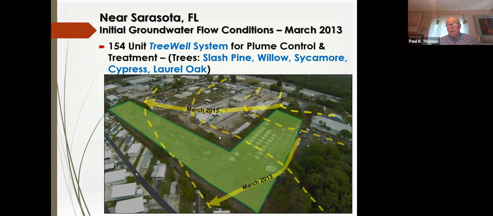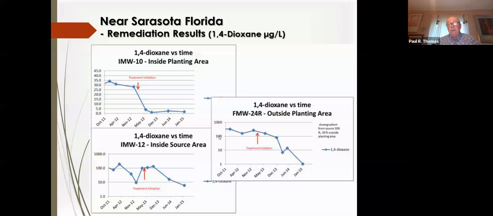What we found was that we had a pretty significant impact on groundwater flow direction. These yellow lines here are contours of the groundwater surface elevation before the trees had an impact. Once the trees started to transpire water, they had the capacity to actually reverse the groundwater flow, to the point where we were no longer getting off-site migration of the contaminants.